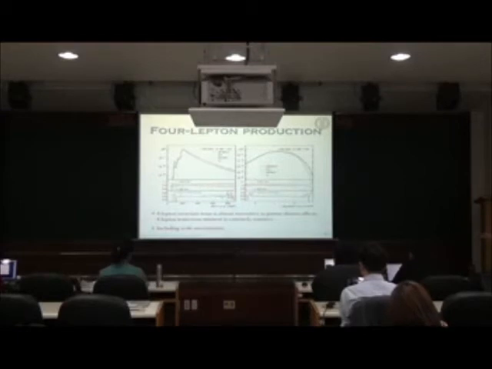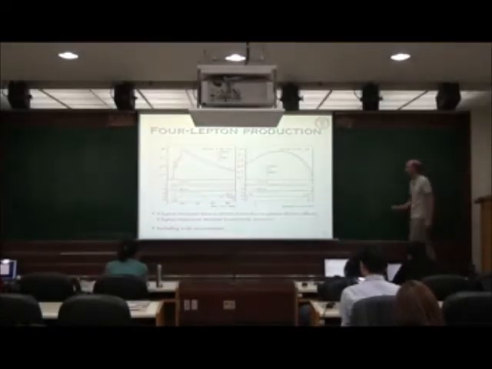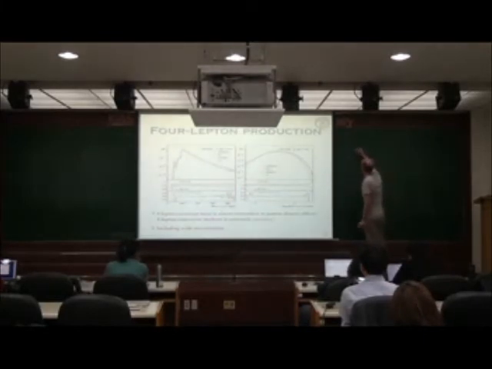So if you think about what kind of diagrams contribute here, it's actually diagrams like these, right? So you can have a q q-bar initial state at Born level, and we can have, for example, the Z here, which decays to e+ e-, and another Z or gamma star here, which then decays to mu+ mu-.